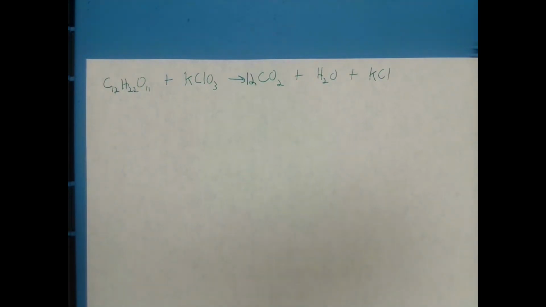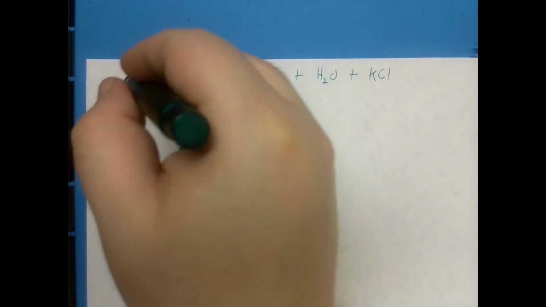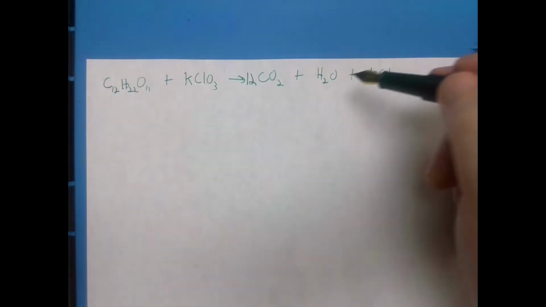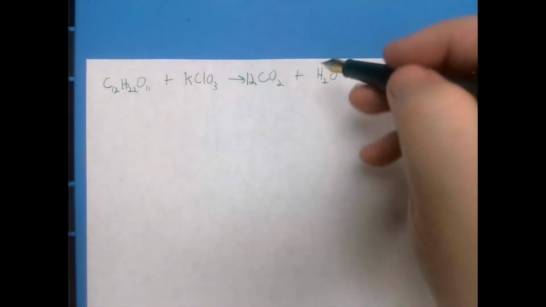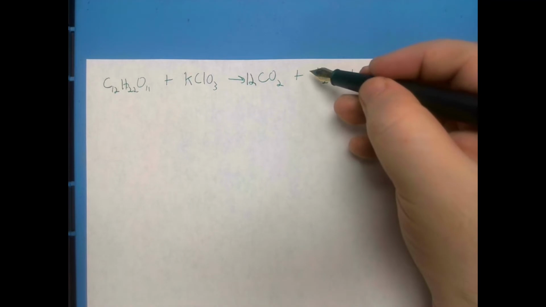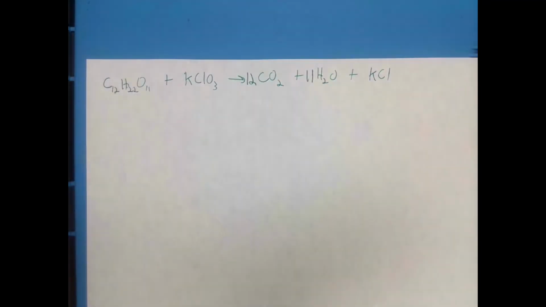What else? The next thing I would do is try to balance the hydrogen. I'm going to assume one of these, so this is going to be an 11 to 1 ratio.